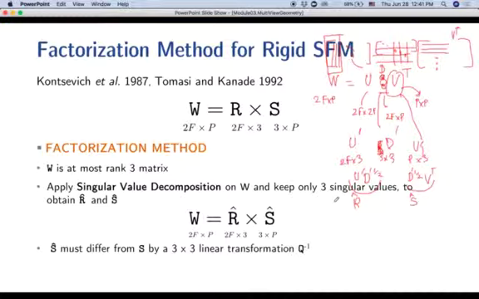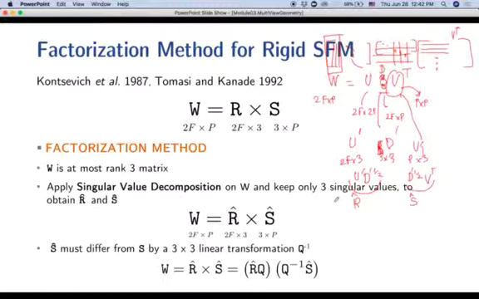I'm calling that Q inverse. So essentially what I'm saying is that R hat and S hat do multiply to W because I broke out W to get them. So they do multiply to W, but they are not the correct R and S. There's no guarantee that they are correct R and S. But my model says that the correct R and S do exist, right?